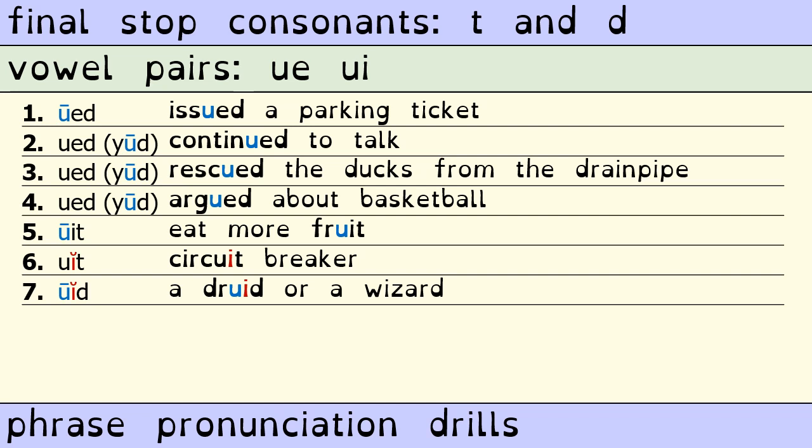You'd, argued about basketball. 5. Oot, eat more fruit. 6. It, circuit breaker. 7. Uid, a druid or a wizard.